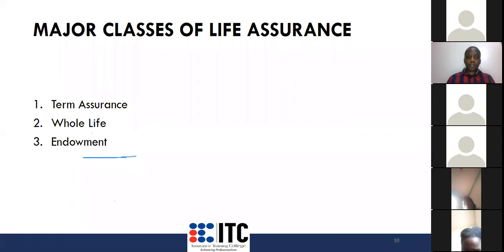When you are looking at a product from a client's perspective, when you really want to make the product beneficial to the client, is a product for whole life plus endowment better, or is the term assurance plus endowment better?